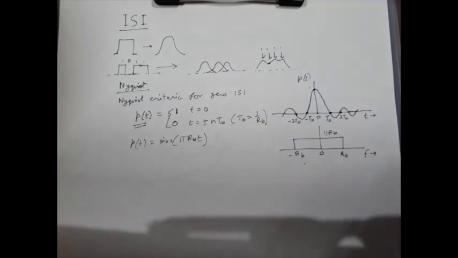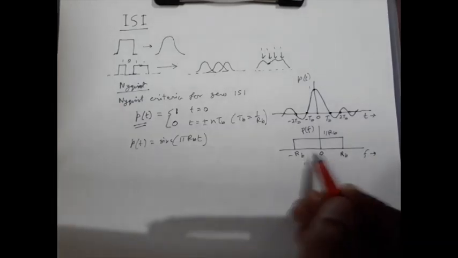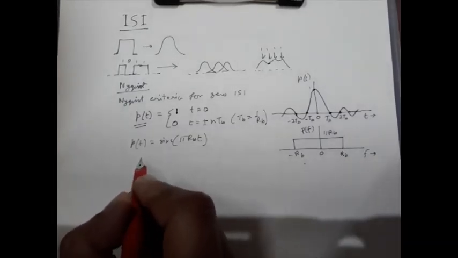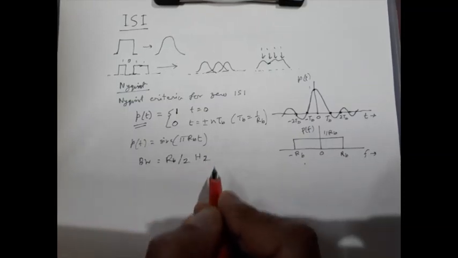This is 0. This is PF. So its bandwidth is RB by 2 Hertz.